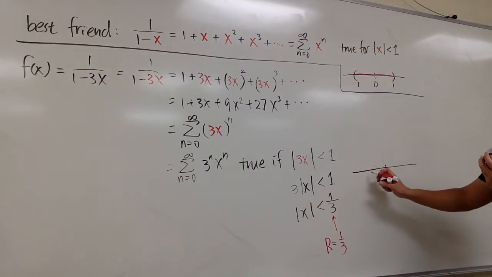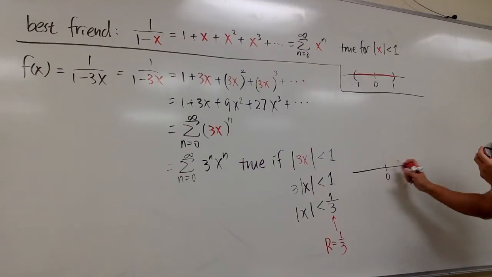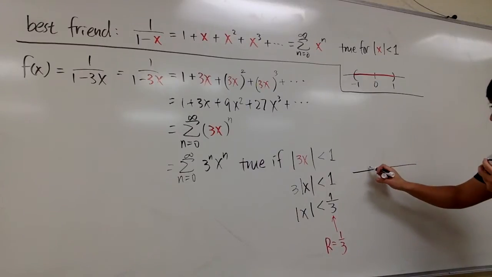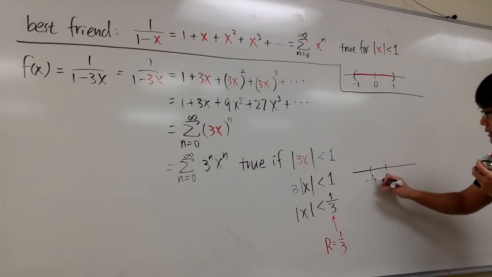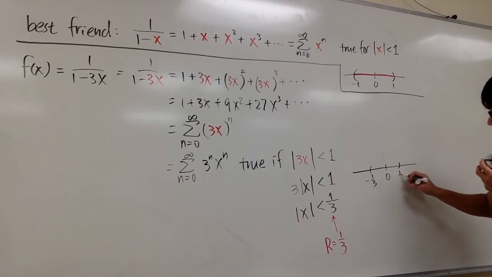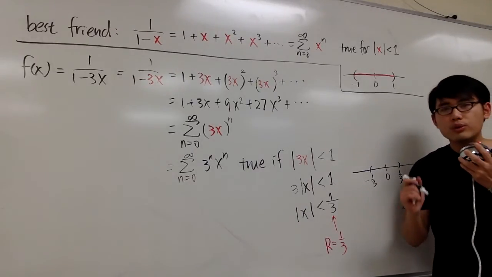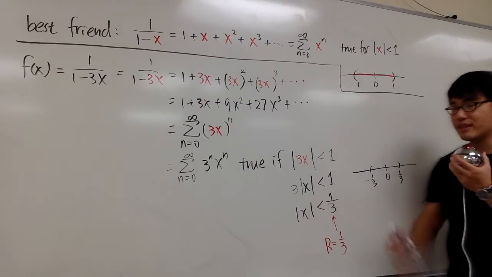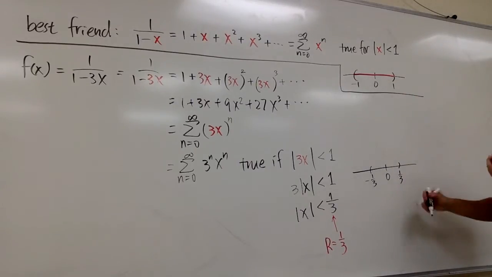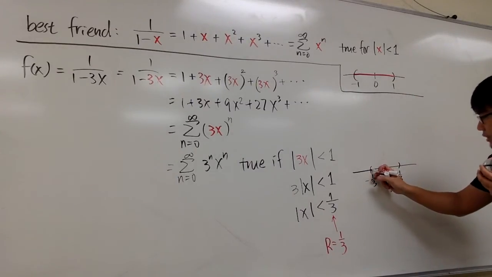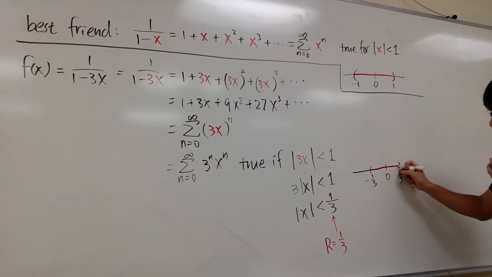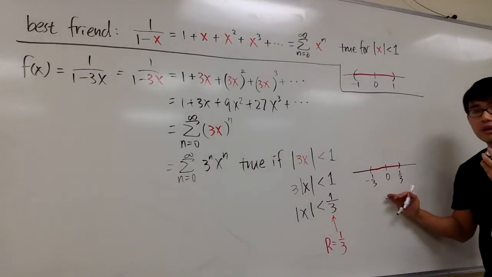That means we can go out 1/3 to the left and then go to the right 1/3, which will end up with -1/3 here and then +1/3 here. And we also do not include the endpoints because once again, we're just following our best friend. And then anything inside of -1/3 to +1/3 will converge.